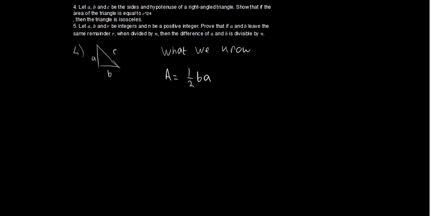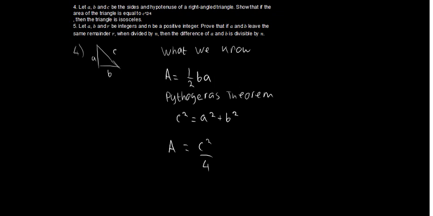Then for a right angle triangle, we have a very famous formula, the Pythagoras theorem, which is basically c squared is equal to a squared plus b squared. We'll come back to this. And then we have the area that we've been provided, which should also equal c squared over 4. Now, given this bit of information, how are we going to move on?